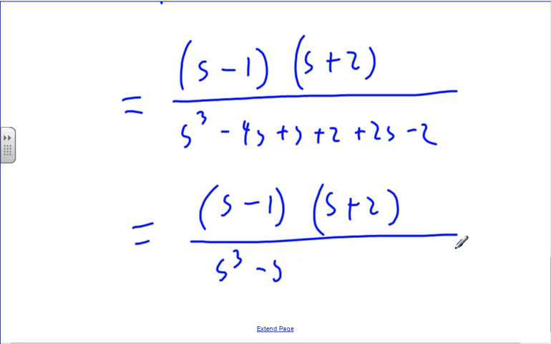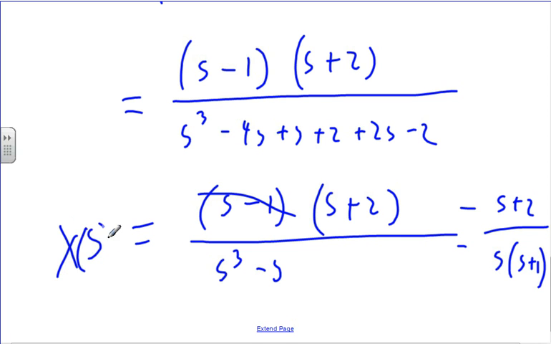Okay, I've got s plus 2 divided by, I can factor out an s, and then I get an s squared minus 1. The s squared minus 1 goes away, and it's going to be s plus 1 on the bottom. Okay, so that's my x of s.